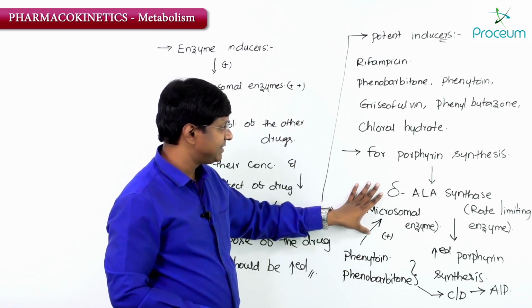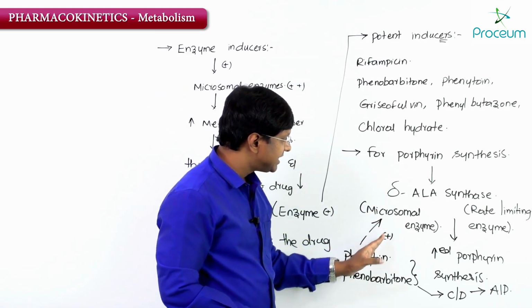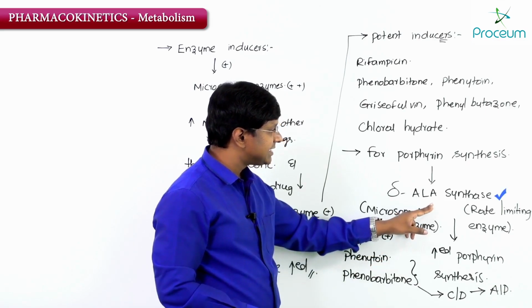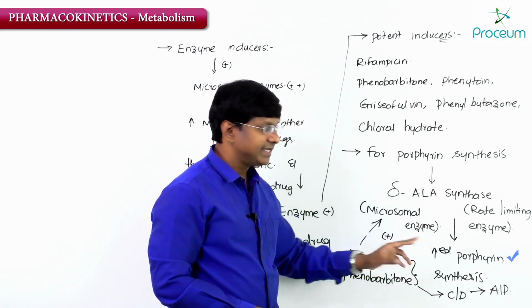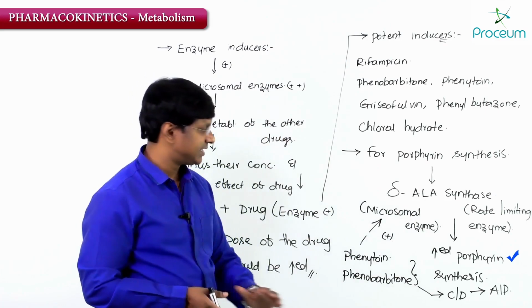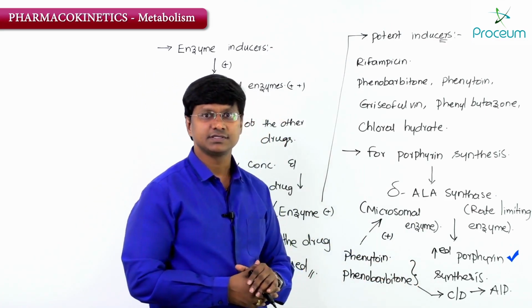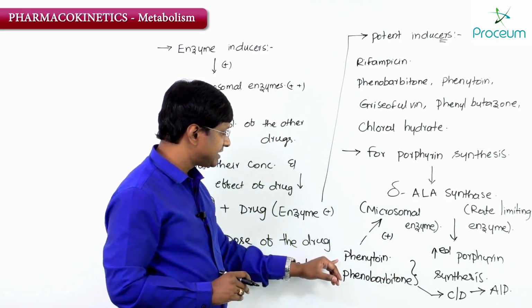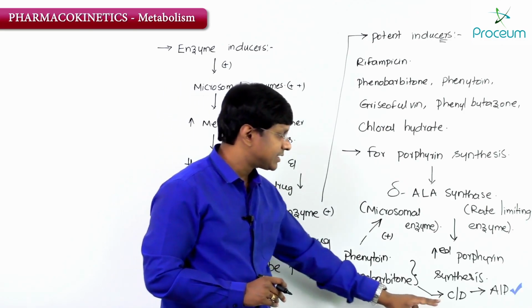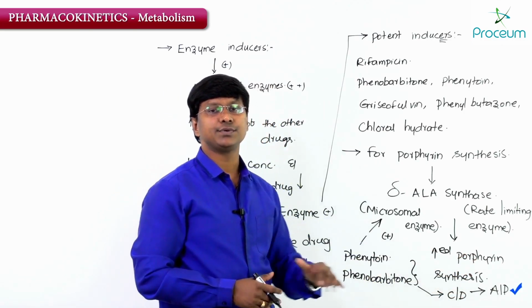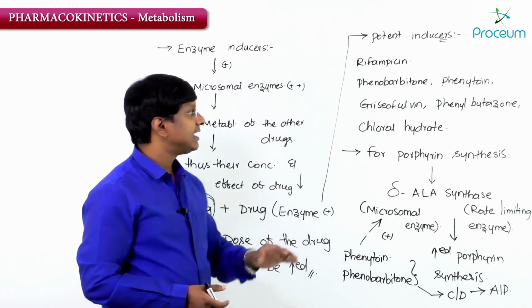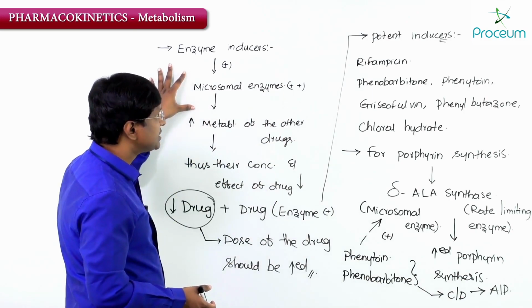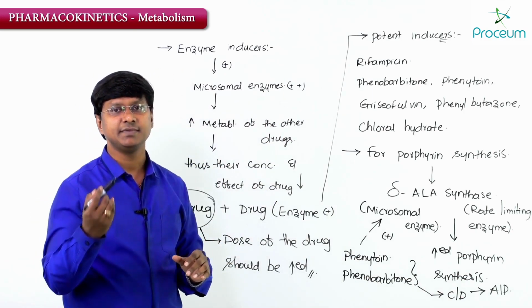Once they induce this enzyme, delta amino levulinic acid synthase, they will increase the porphyrin synthesis. That is the reason why phenytoin and phenobarbital are contraindicated in patients with acute intermittent porphyria. Now, after having discussed the enzyme inducers, let me talk about the enzyme inhibitors.